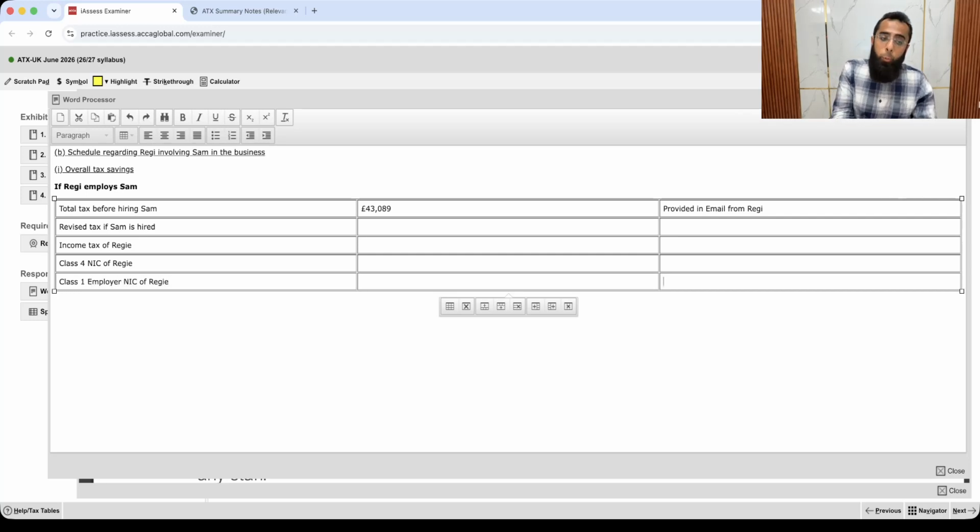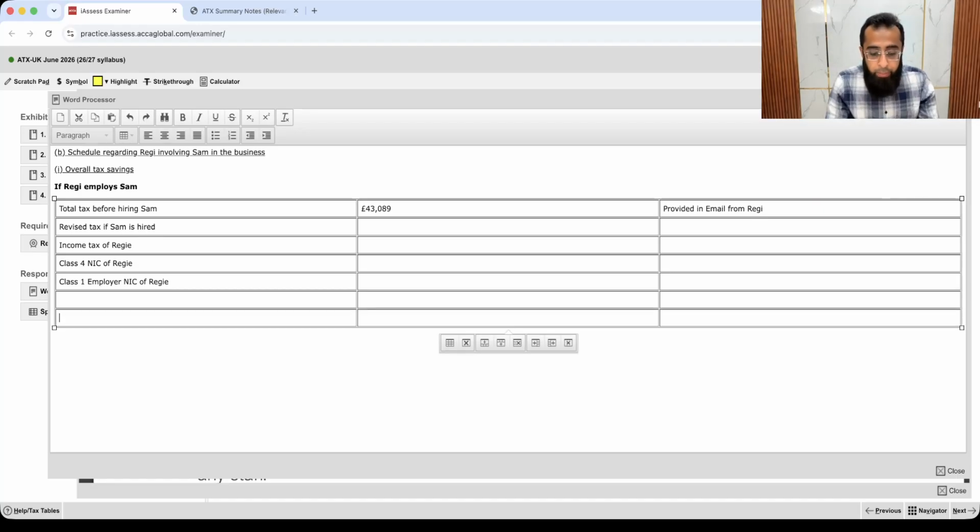See what we are doing. We have to calculate how much tax is reducing due to hiring Sam. Whenever we have to calculate the reduction in anything, we pick up the before situation and calculate the after situation. Now total tax before hiring Sam is given in the question, that is 43,089.